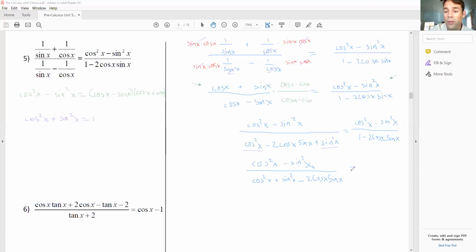And that whole thing is still equal to cosine squared x minus sine squared x. You just got to keep writing it over and over and over again. Luckily, I'm only going to have to write it one more time, because I believe that this proof is just about done.